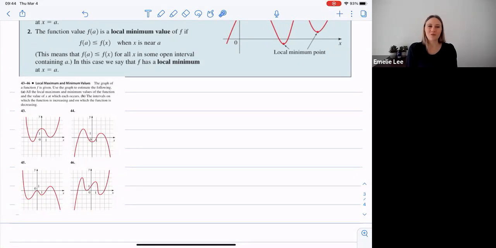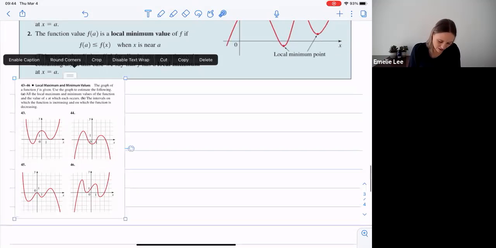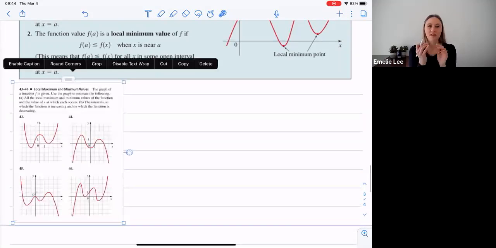Or I could give you a function. You would have to use Desmos to graph it, but often I'll just give you a graph and you'll have to tell me things like where are the maximums and minimums, so local maximums and minimums, and where is it increasing and where is it decreasing, right?